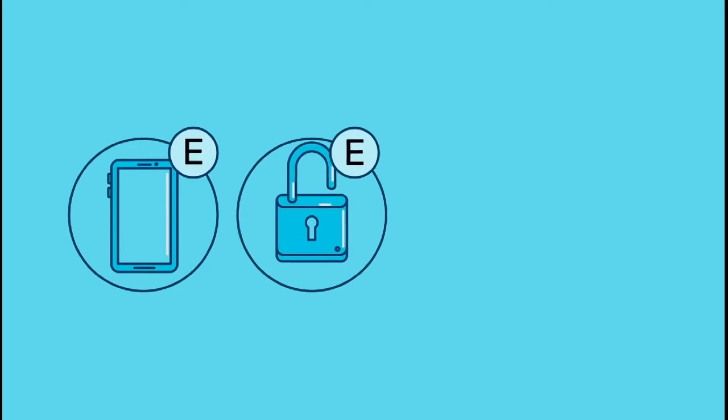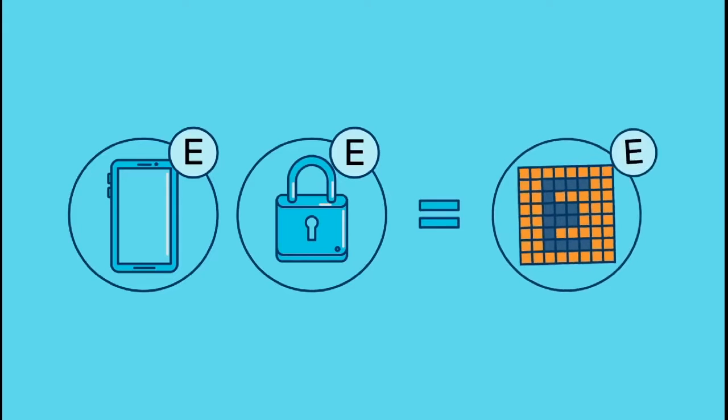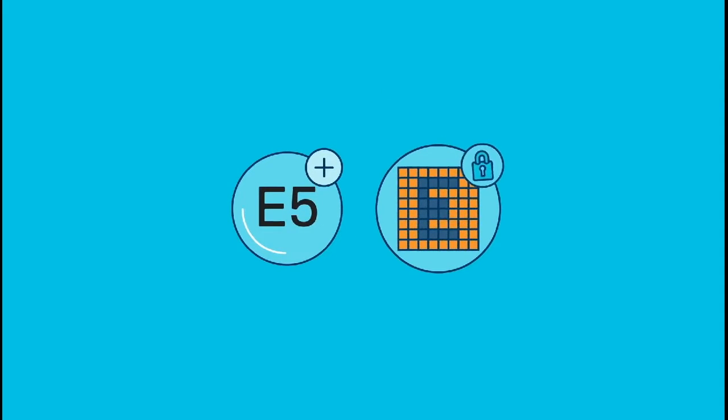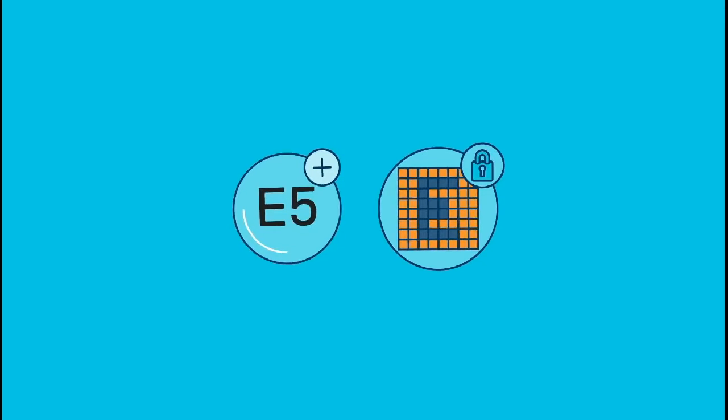E3 includes Enterprise Mobility plus Security, also known as EMS, to help secure your systems from online threats. An E5 license of Microsoft 365 offers everything that is included in an E3 license, plus much more. E5 features a higher tier of EMS that provides even stronger security measures.